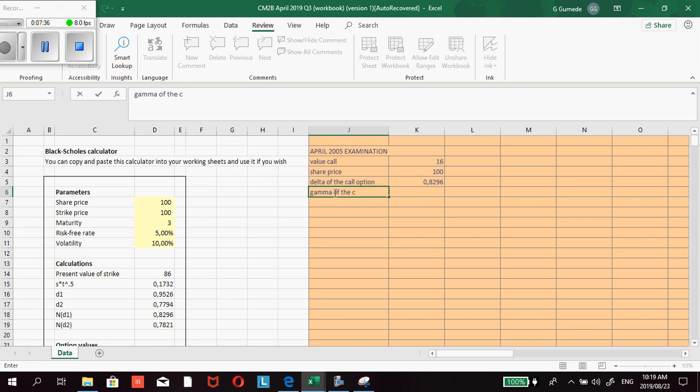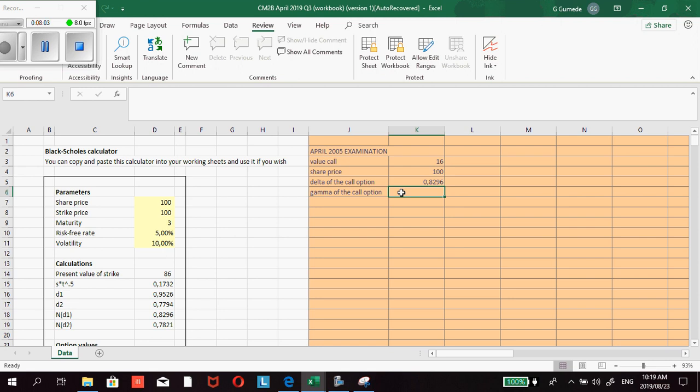Now, remember I discussed this with you. I told you that the gamma of the call option is the standard 0,1 normal density evaluated at D1. But how am I going to do that in Excel?